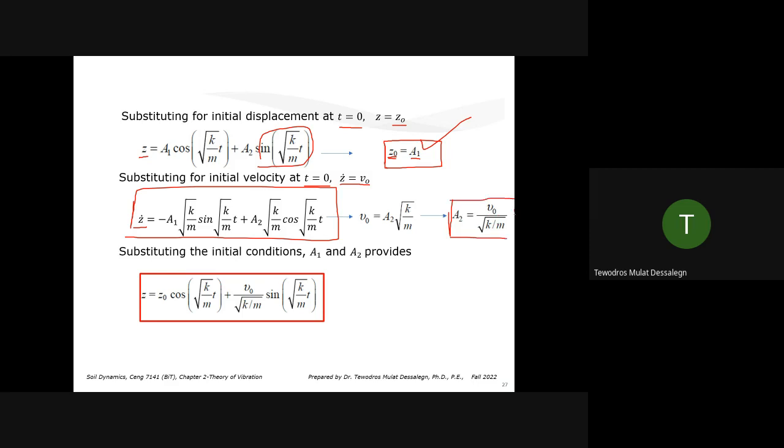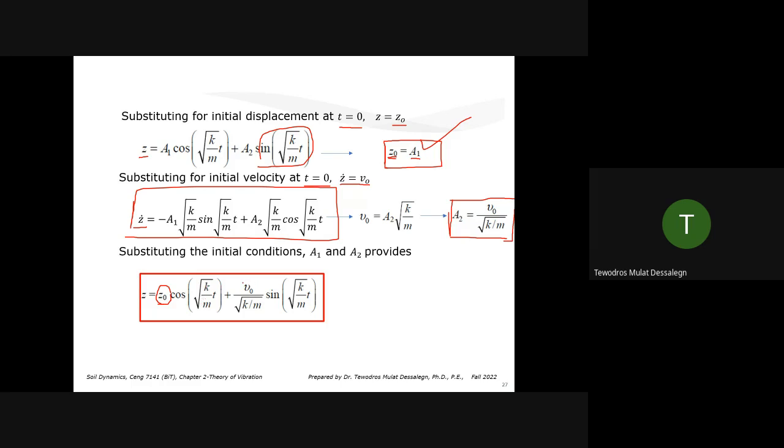So now we determined every unknown initial parameter, A1 and A2. Plug them in. If you put it back in the displacement equation, now we have all terms known. You have initial displacement, if you applied it. You have k by m, the vibration input parameters, the stiffness and mass, the system parameters, which are known.